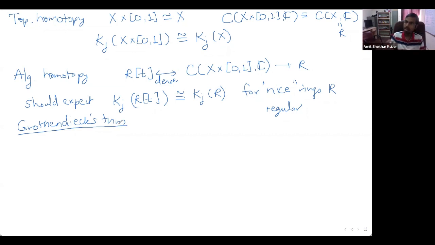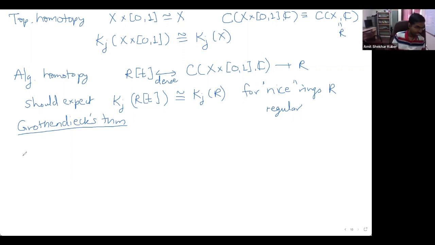So you use the Hilbert basis theorem and Hilbert syzygy theorem in the proof. So this algebraic homotopy also works for regular rings. R[T] is thought of as the cylinder construction on R, and it is homotopy equivalent to R.